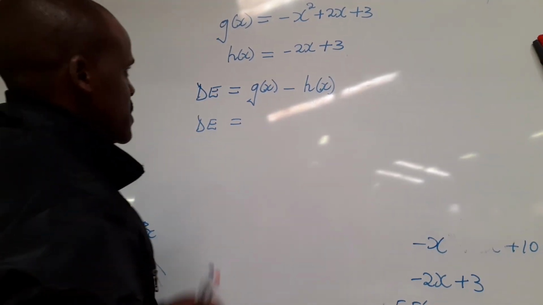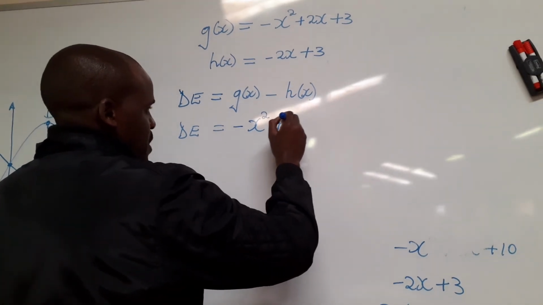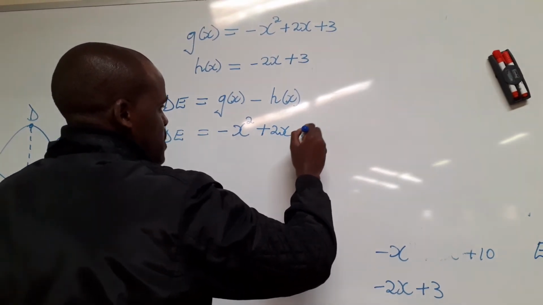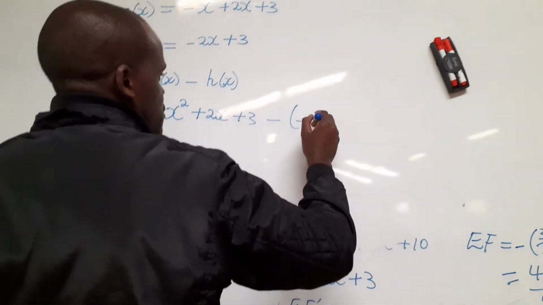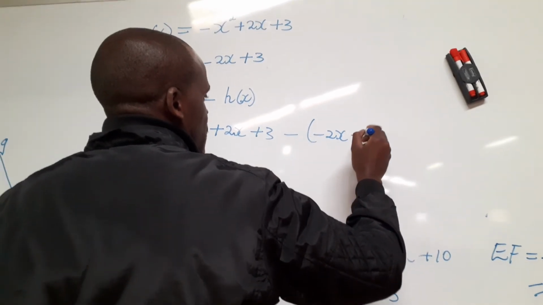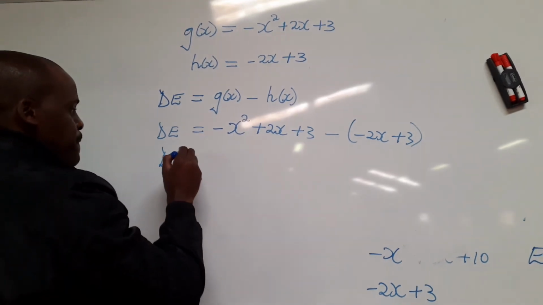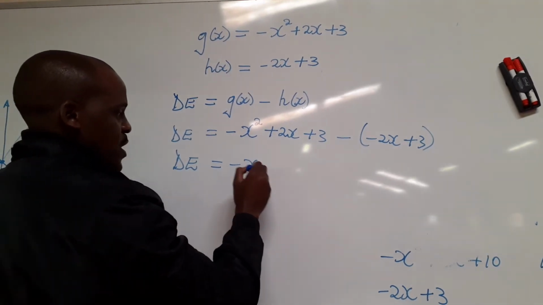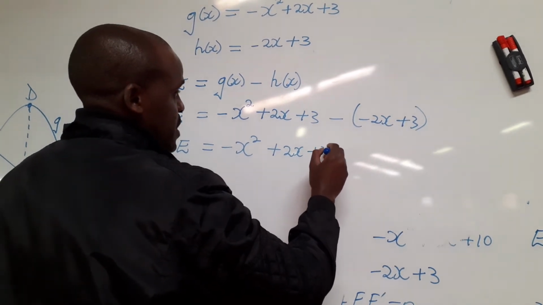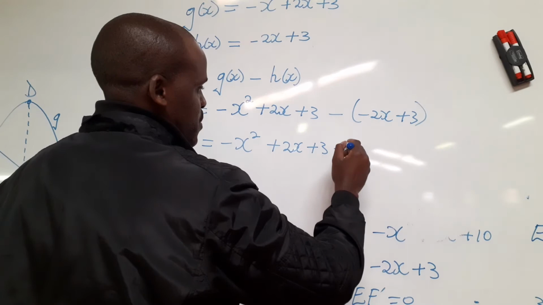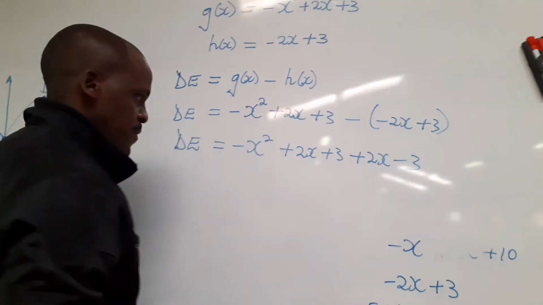And then substitute. It's minus x squared plus 2x plus 3. And then we subtract h at x. It's minus 2x plus 3. Let's solve the brackets. It's minus x squared plus 2x plus 3. Negative by negative, it's plus 2x. Negative times that, it's minus 3.